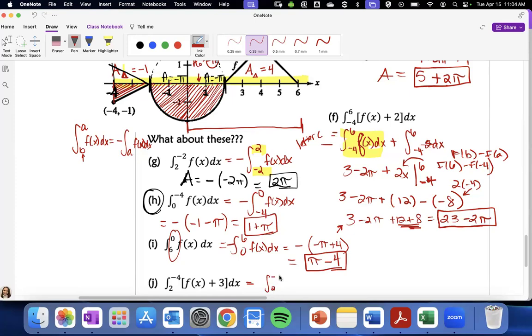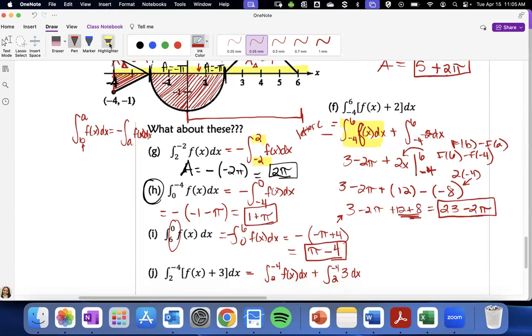Here's what I would do first. I'd split it up. Not quite. The number should be -17. I got -17 plus 2 pi.